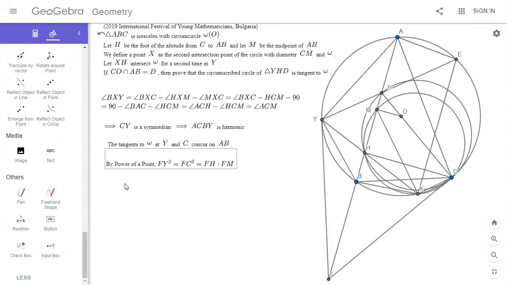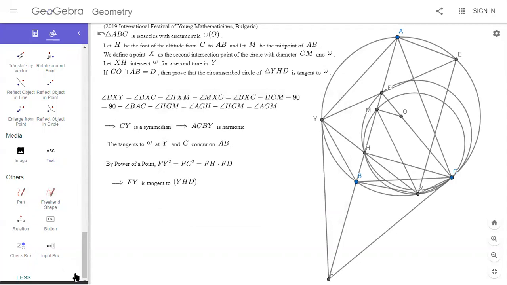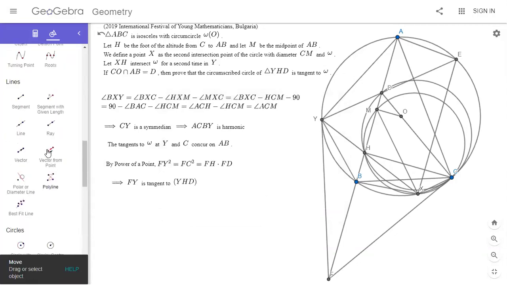So that means that FY is tangent to the circumcircle of Y, or this should be times FD. So that means that FY is tangent to the circle YHD. Okay. And that means that those two circles are tangent. And that solves the problem.